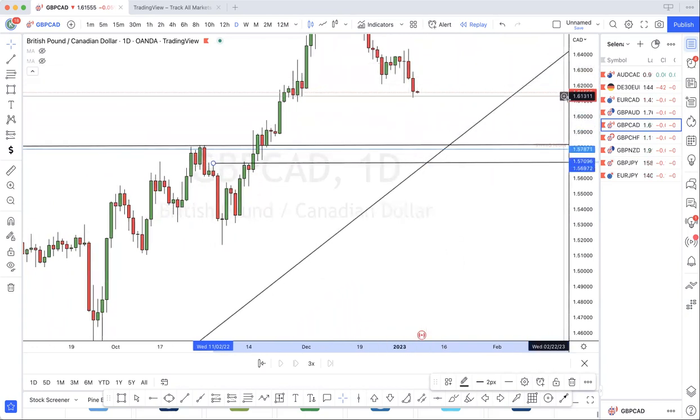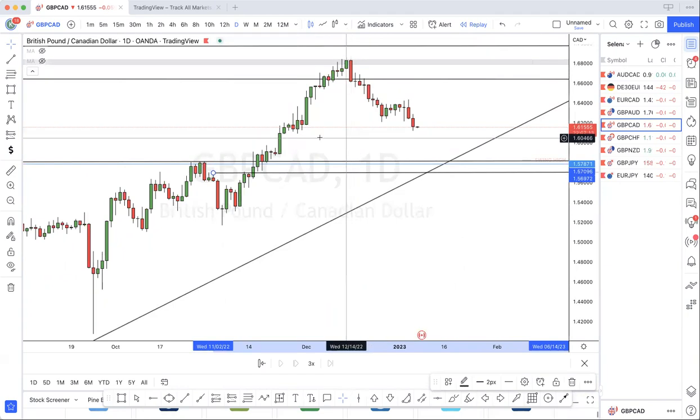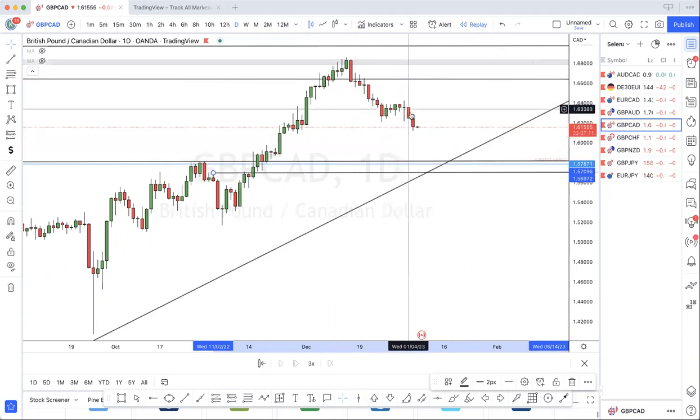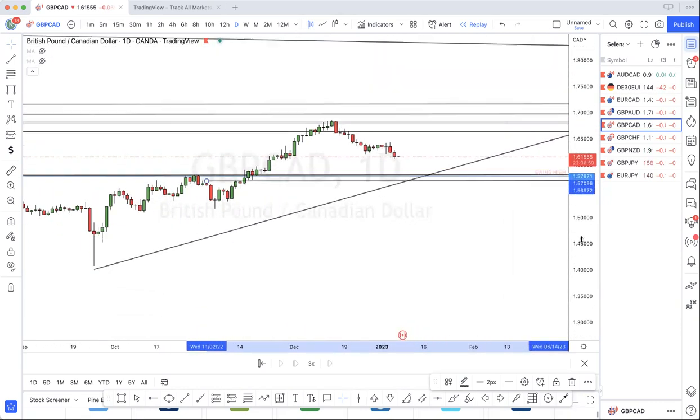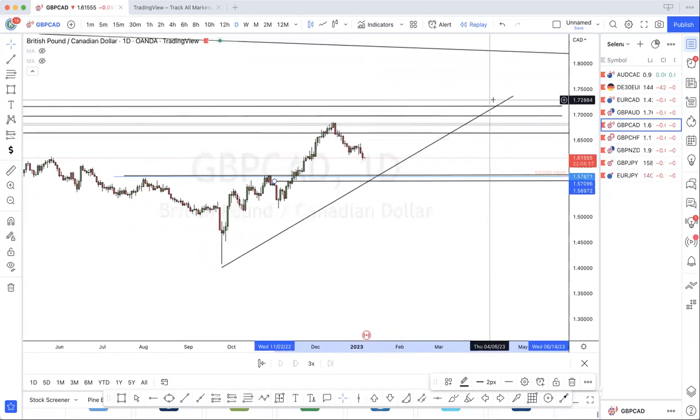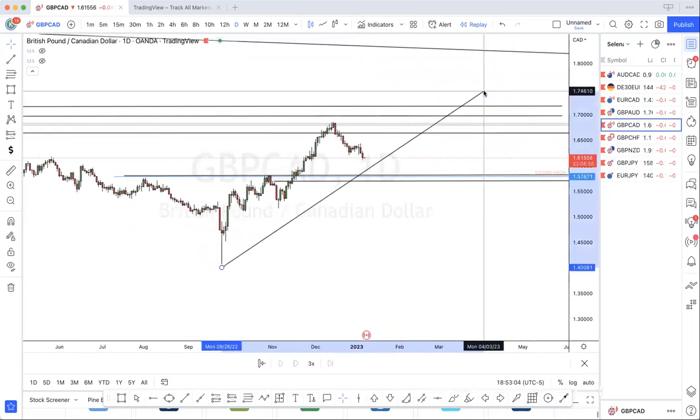although it's pulling back right now, it's still bullish. So I'm expecting price to come back in this area somewhere where I just put these two lines, and bounce off this trend line somewhere. I mean, this trend line is not a real trend line, it's a fake trend line.